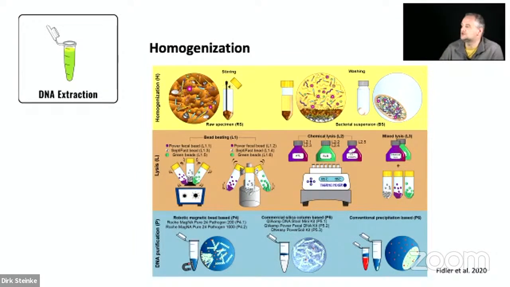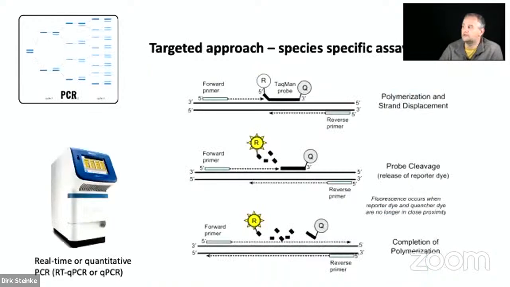So now we're coming to the point where work can deviate, or where things can split up depending on what you want to do. There are two approaches to the use of eDNA. One is that you know what you're looking for, which means you have a targeted assay in mind, where you say, I would like to use eDNA to find an organism of which I don't know whether it's in that particular environment or not.